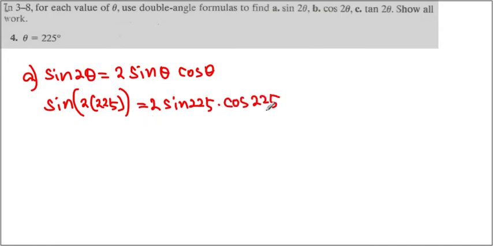In fact, sine of 225 is on the third quadrant, therefore it's negative sine of the reference angle being 45. That's basically what we end up getting. So is cosine.